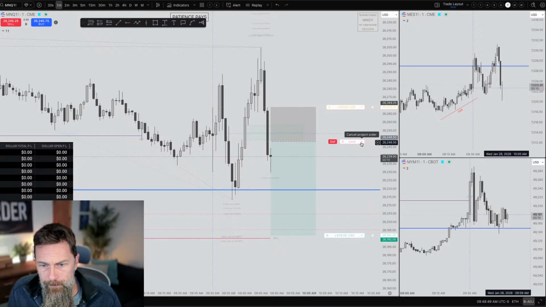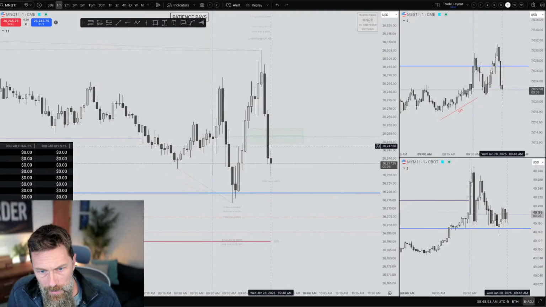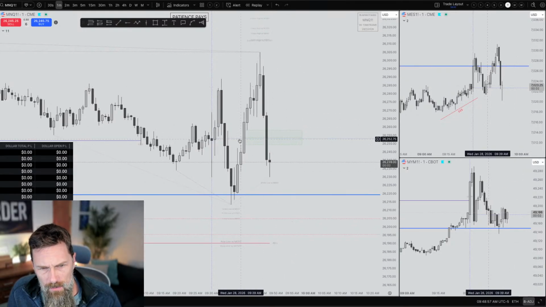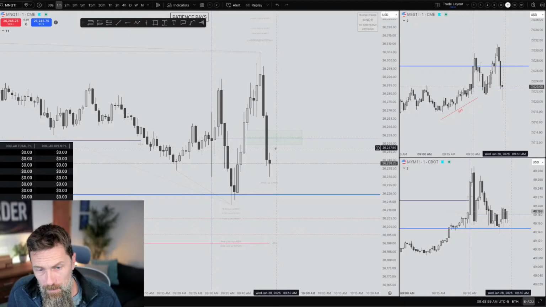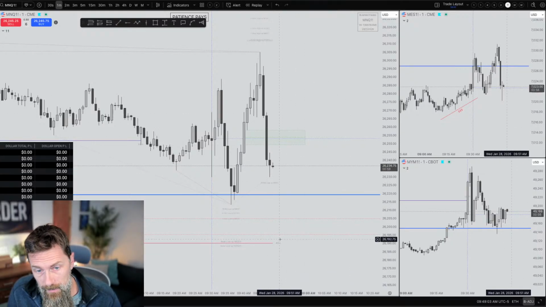So now if I want, I can just mark it in. So it flipped the first presented fair value gap. That means one of two things. It means it could be bearish, further bearish down to some more of those targets that I was pointing out down in here.